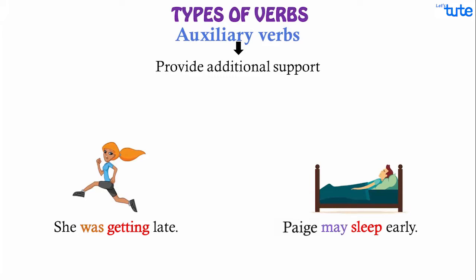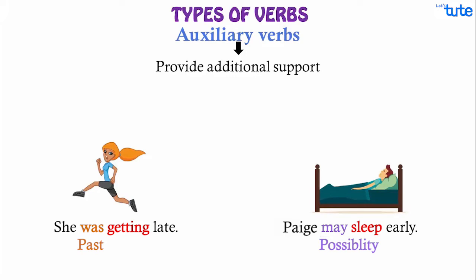Now, in the first statement, was is indicating that it is something in the past. That means it is indicating the time in which the action has taken place. While in the second statement, may is showing us a possibility or chance of Paige sleeping early, right?